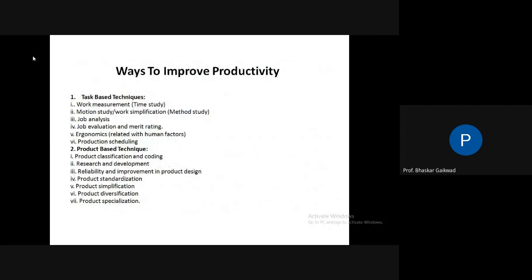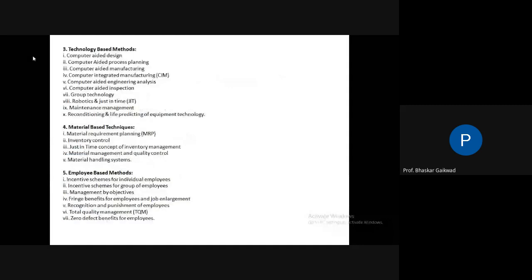It contains the total syllabus of this subject. Product based techniques relate to product classification, coding, research and development, quality, standardization, simplification, diversification. Then technology based: if you adopt computerized technology, productivity will definitely increase. If you use robotics, group technology, just in time technique, preventive maintenance, your productivity will definitely increase.